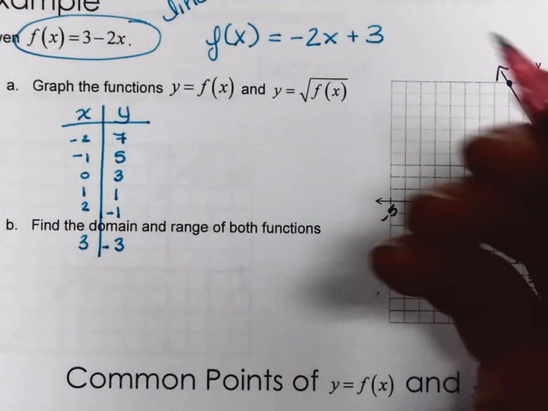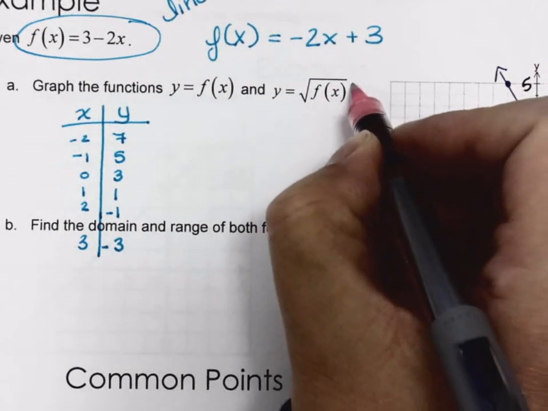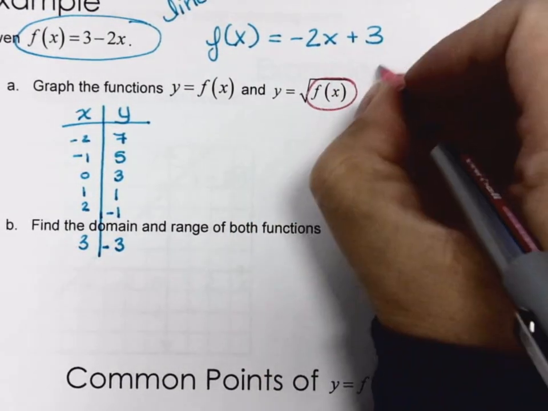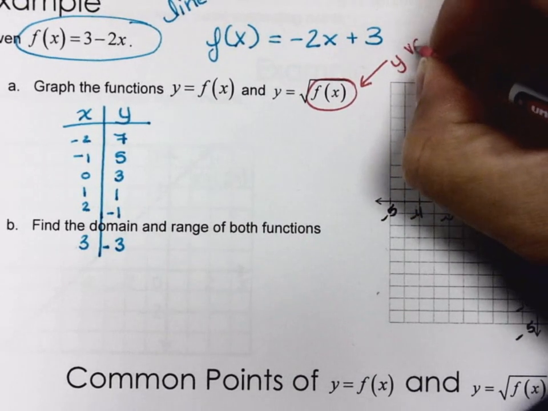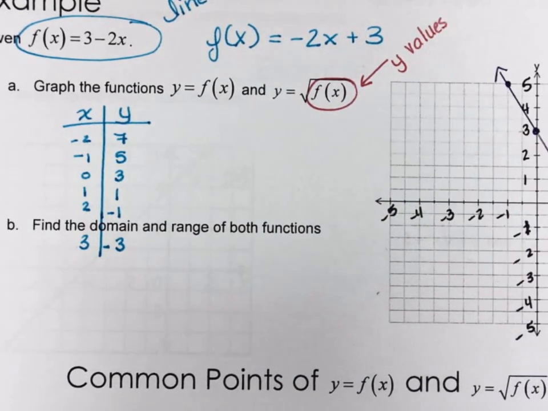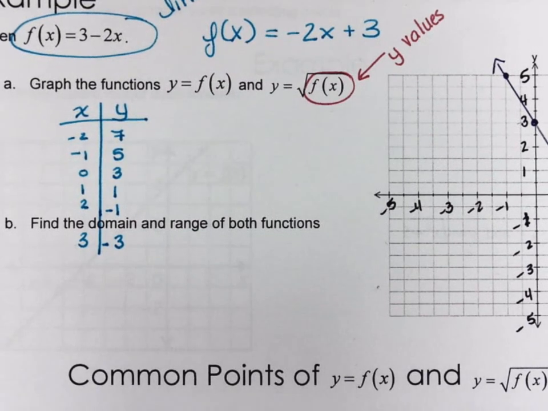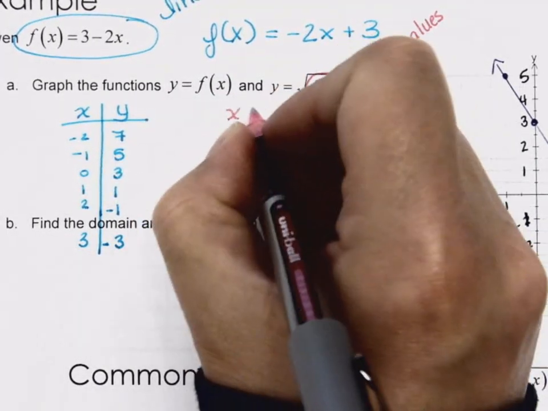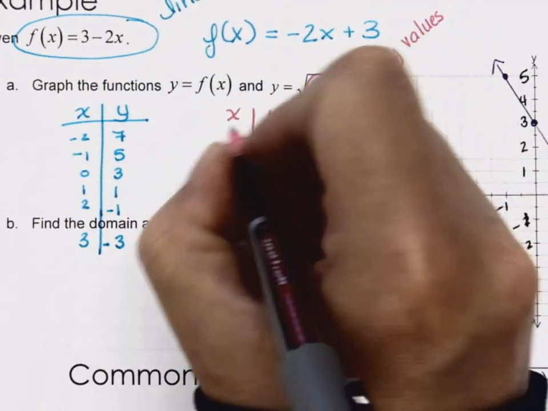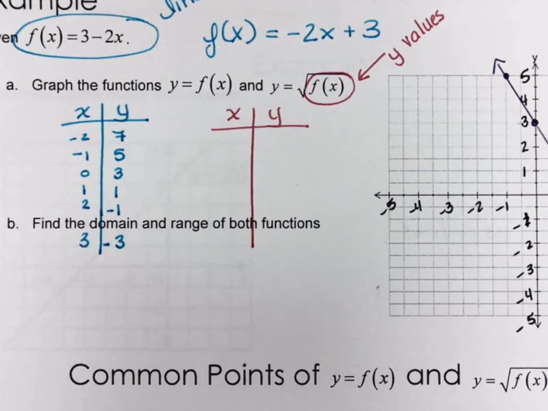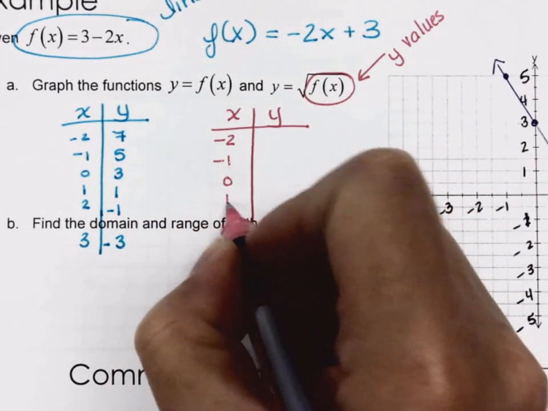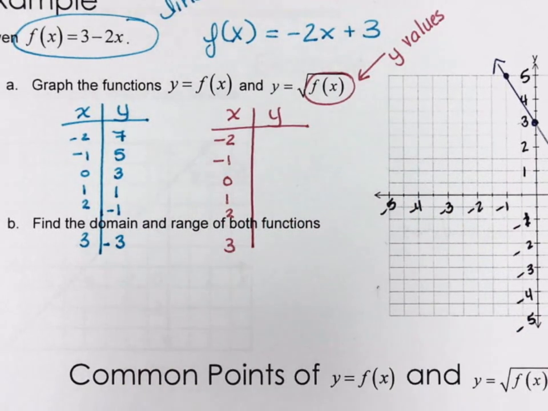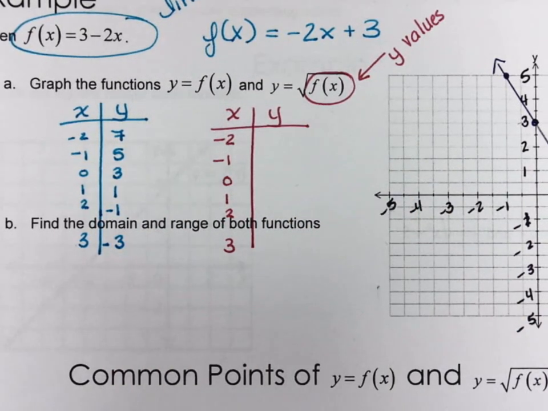So really what we're doing here is graphing the square root of the y values. So we're going to put that table of values back, and we're going to square root y values only. So my x values stay the same, but my y values are going to be square rooted.